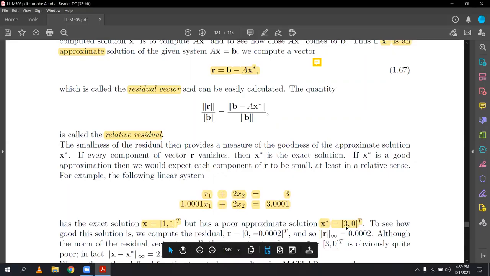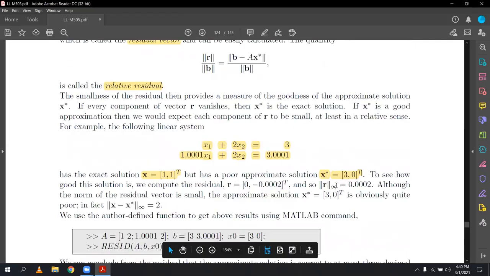When you put it in, x1 is 3, x2 is 0, so we have 3 equal to 3, alhamdulillah. And in the other equation you have 3.003, which is a good approximation of 3.0, which we say is very good system-wise, but this is wrong because the exact solution is 1, 1, and the approximate is a very bad approximation.